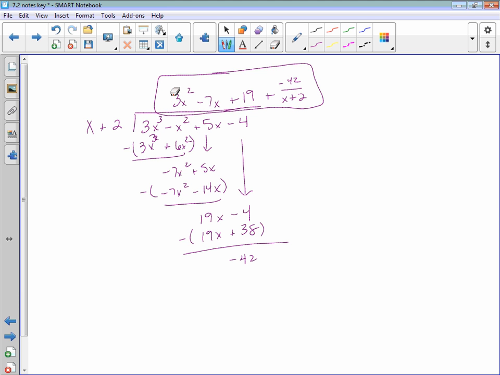Okay. 3x squared times 2. Like that very first number I picked up above, don't I multiply that times x plus 2?